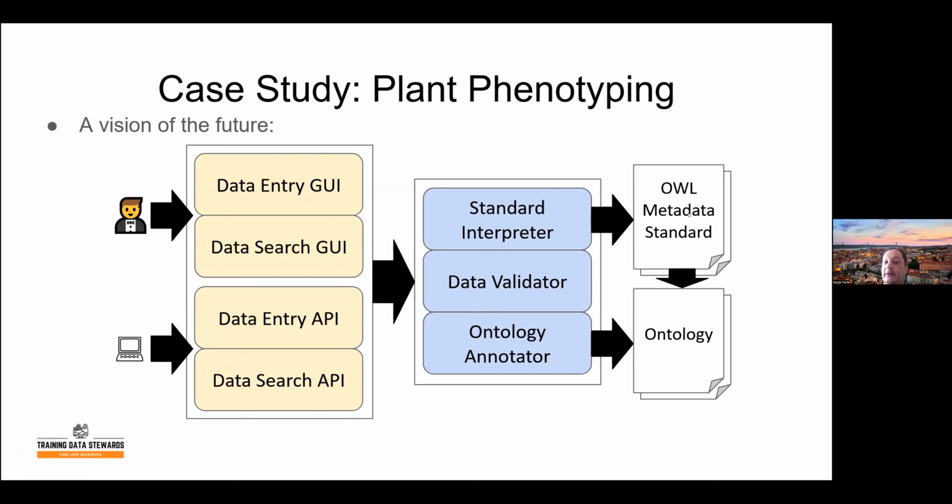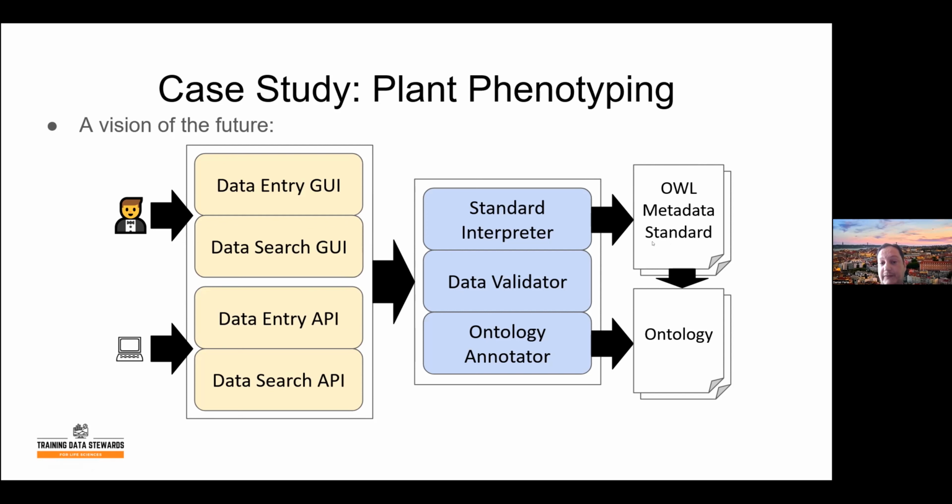You can have a standard documented in OWL, for example, as an ontology, and you have an interpreter of the standard, and this feeds into whatever interface you have. So this is to some extent doable in Dataverse, but it requires manually encoding the standards in Dataverse. So it's not as easy as what I'm proposing here, having independent metadata standards as standalone documents that can be interpreted by any OWL parser.